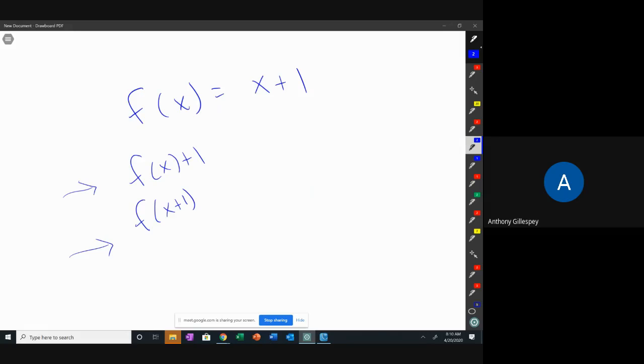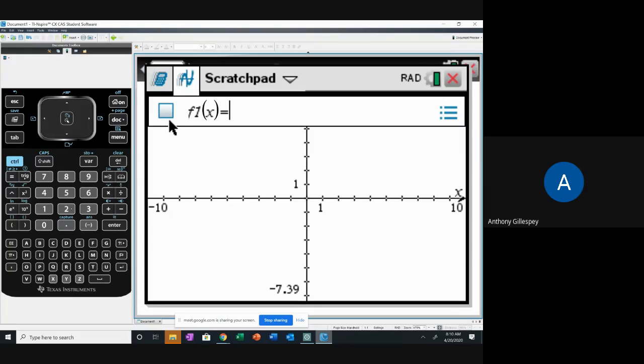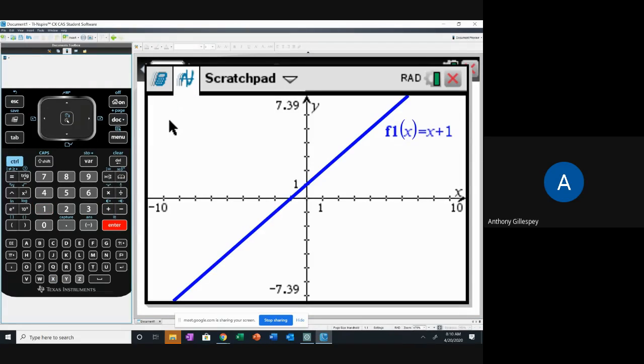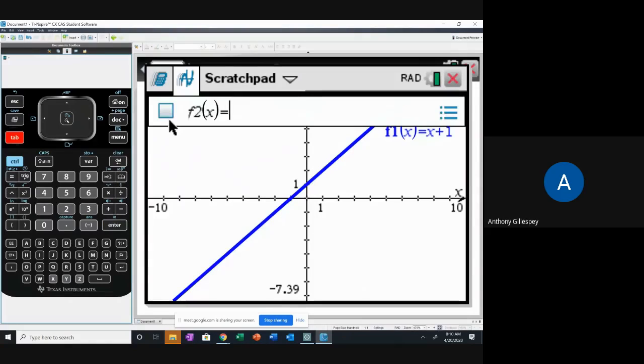You can actually test these on a calculator, right? So if I graph f of x plus 1, there it is. And watch what I can do. I've never shown you this before, but you can say graph f1, and that's what we had from a minute ago. Look how it's bold, how it's darker.